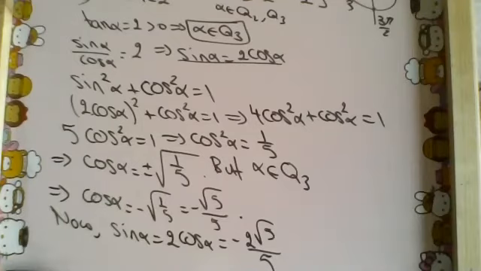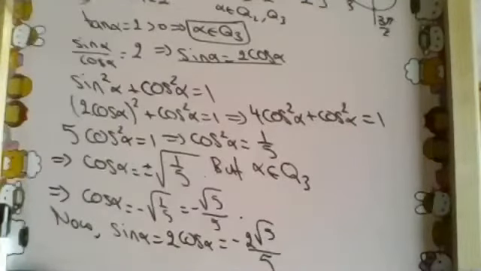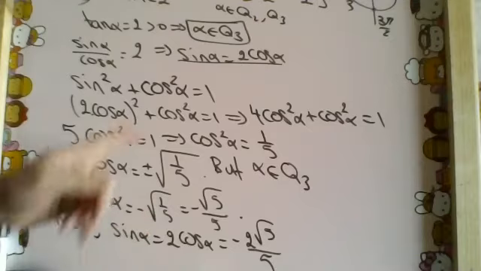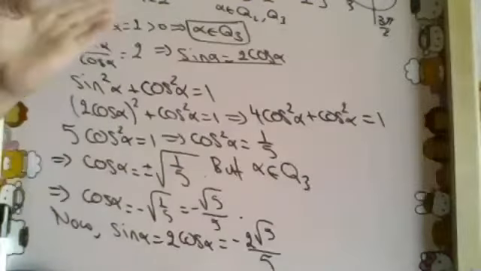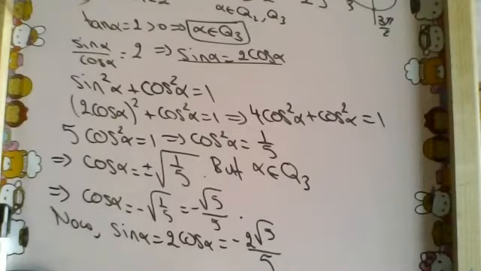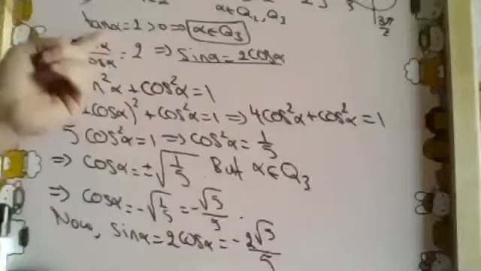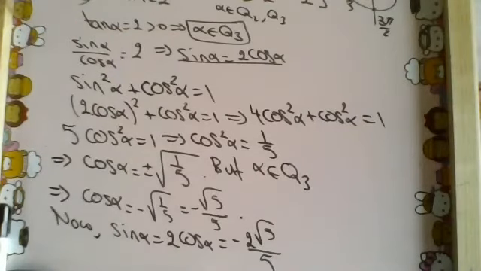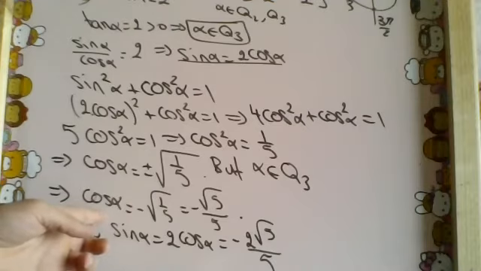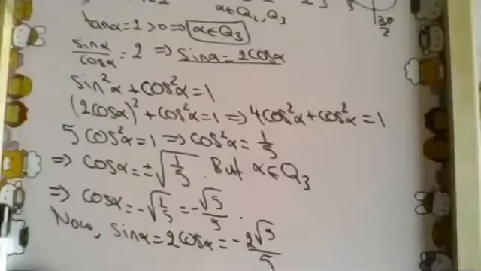Or, if you want, from tangent alpha equal to 2, replace tangent alpha by sine alpha over cosine alpha. You have cosine alpha, replace it and then find sine alpha. This is the first way.